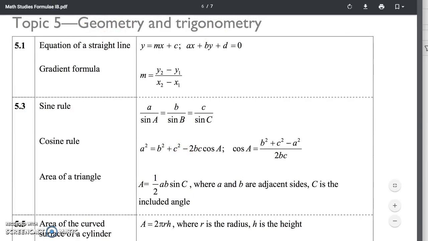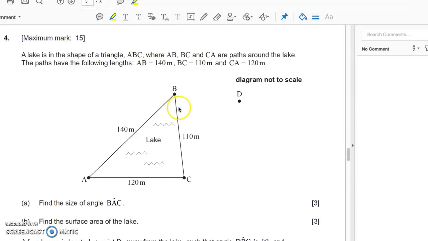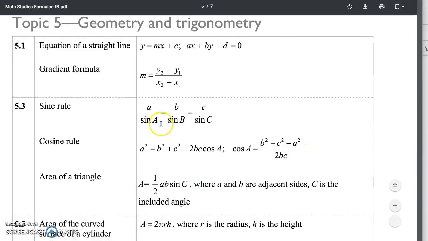I look back one more time to the question. I want an angle and I have the information of 3 sides. So if I look at the formula booklet again, I don't think I can use the sine rule because the sine rule at best is asking for an angle, could be this one, but I need to know not only 2 lengths, but also 1 angle.